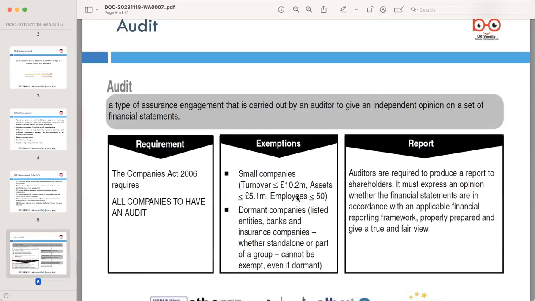And the Companies Act 2006 is the rule book they have to follow. Small companies and dormant companies get a bit of a break, but the auditor's job is to tell the shareholders if everything is in order. So I think there will be something different from the Companies Act 2006 in Nigeria.